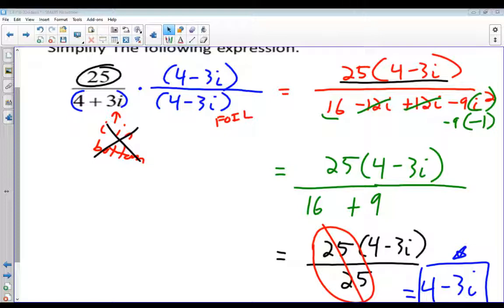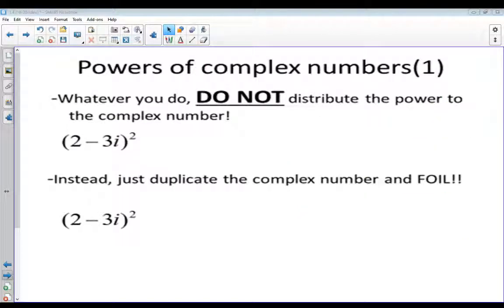And now one more slide, and then we'll be done. Let's say you have an imaginary number, and it's raised to a power. There is a do and a don't. I'm going to first tell you the don't. Do not distribute the power to the complex number.